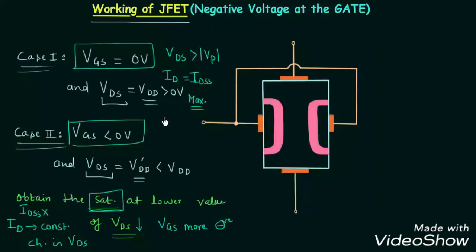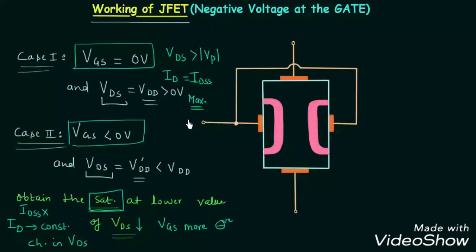So the things are now clear. In case number 1, we had larger VDS, and for that we made VGS equal to 0 volt. But in this case, VDS is smaller, and to get the same width of depletion region, we need to make VGS more negative.